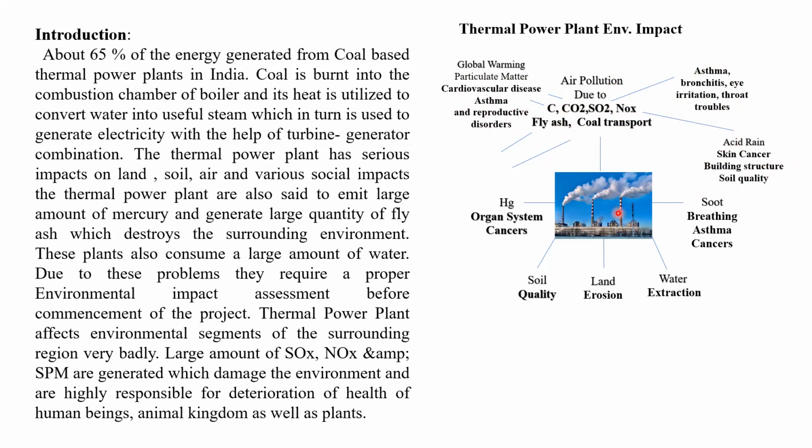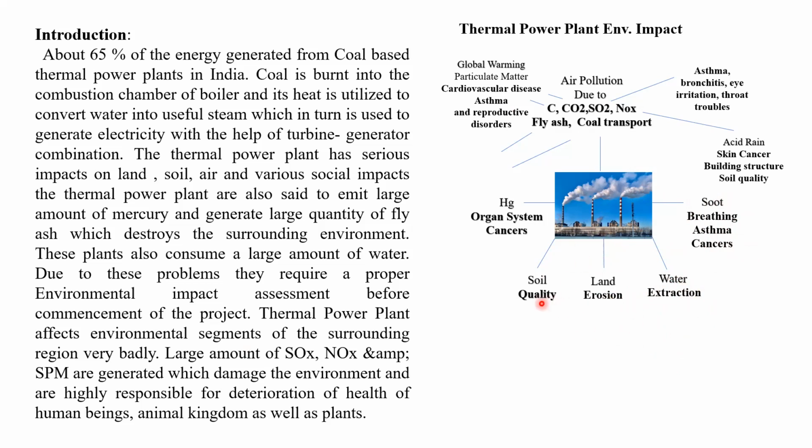The soot formation is due to the combustion of the coal. This soot problem creates problems in breathing, asthma, and cancers in human beings and living organisms. Then more water extraction reduces the quantity of water in the earth, and that will create problems.